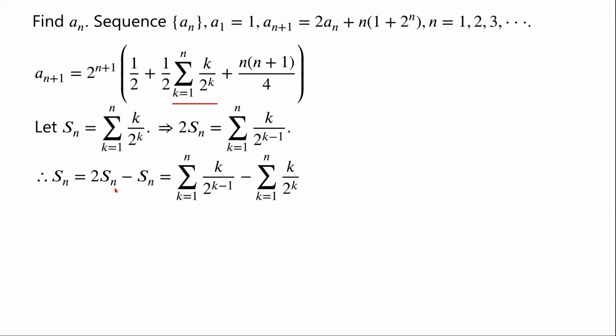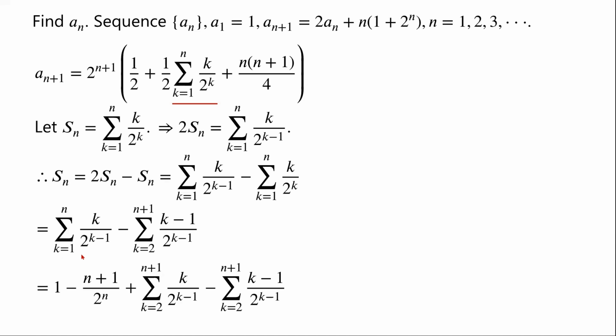Sn can be written as 2Sn minus Sn. So Sn can be written as sigma k equals 1 to n of k over 2 to the power of k minus 1, minus sigma k equals 1 to n of k over 2 to the power of k. Sigma k equals 1 to n of k over 2 to the power of k can be written as sigma k equals 2 to n plus 1 of (k minus 1) over 2 to the power of k minus 1.